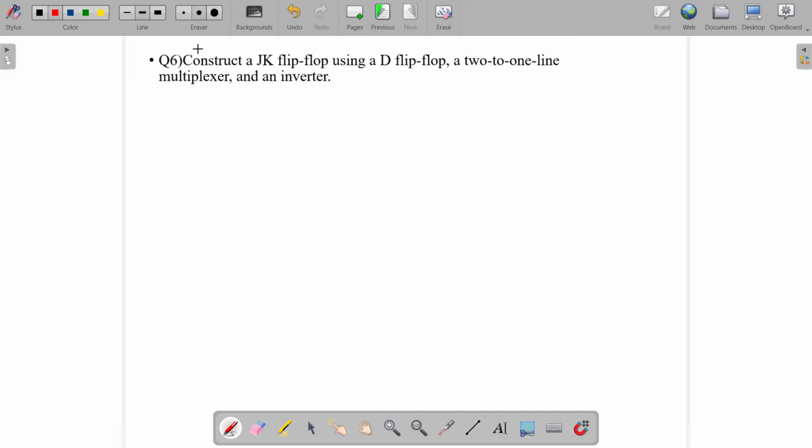In question number 6, we want to construct a JK flip-flop using a D flip-flop, one 2x1 multiplexer, and an inverter. So it means that we want to design the JK flip-flop. We know that in the JK flip-flop we have J, K, here is Q, and Q(t+1).